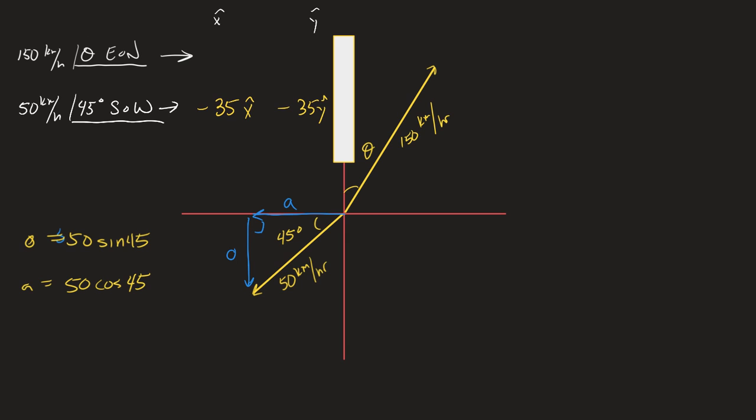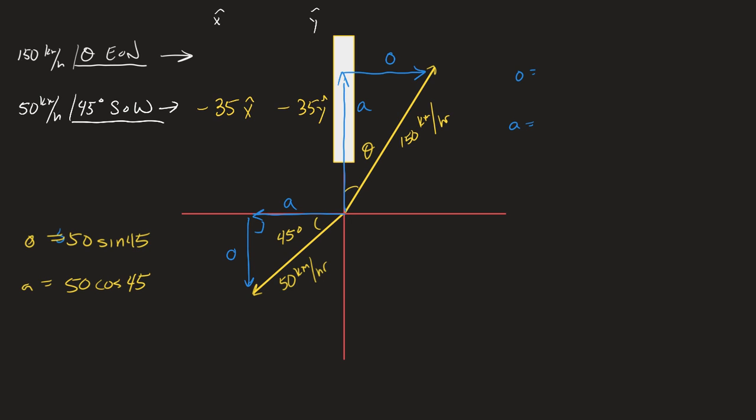Alrighty, I'm not going to change my procedure. I'm going to draw a component in that direction and a component in that direction. I'm going to label this the opposite side and this the adjacent side. Now I'm going to get an expression for the opposite and adjacent side.